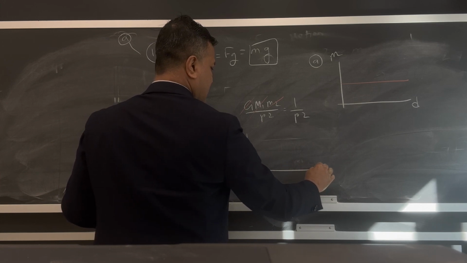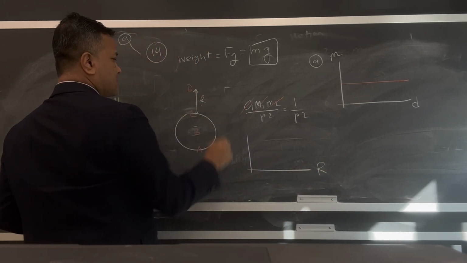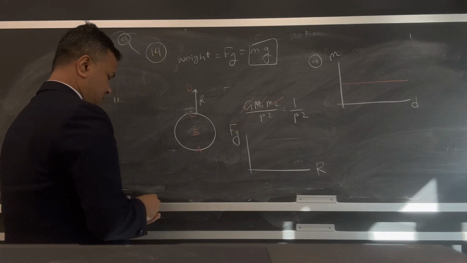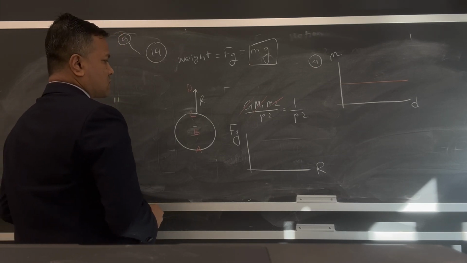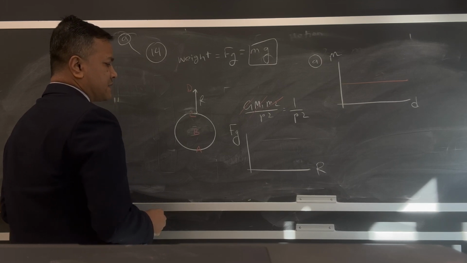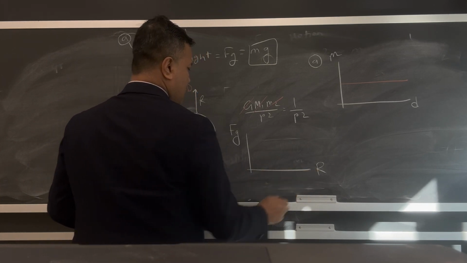This is R, the radius between C to D, and this is your weight. As the R increases, your weight is going to be almost zero.